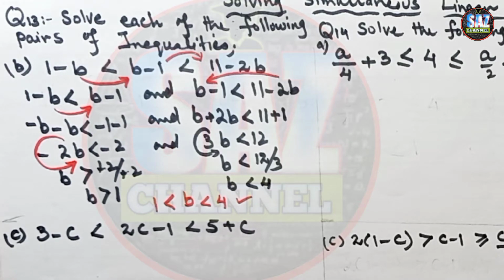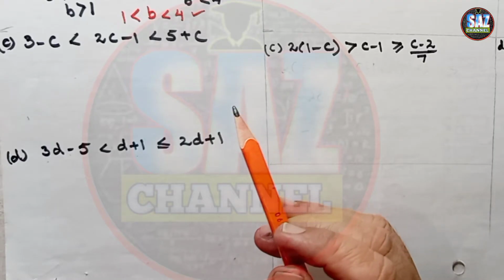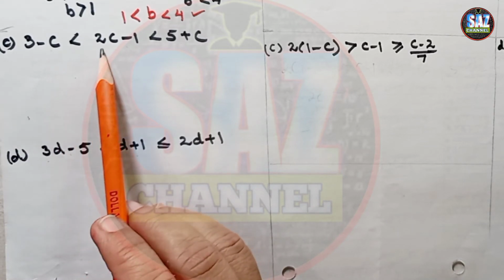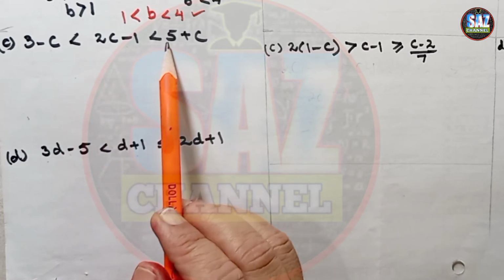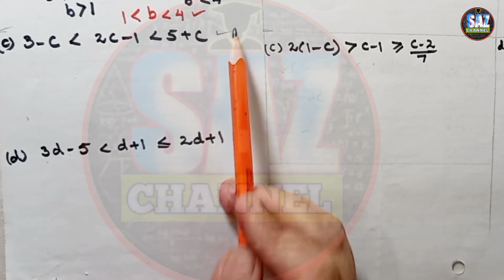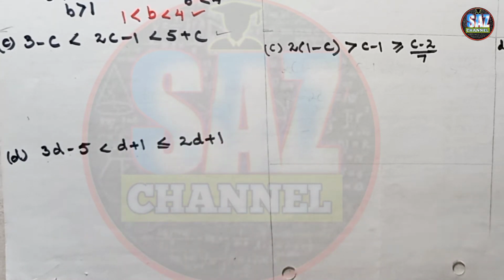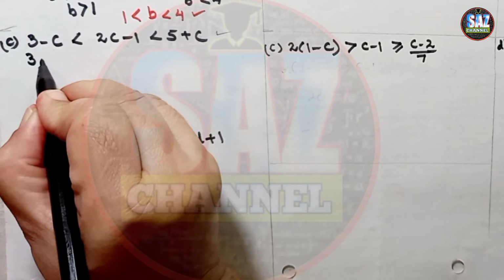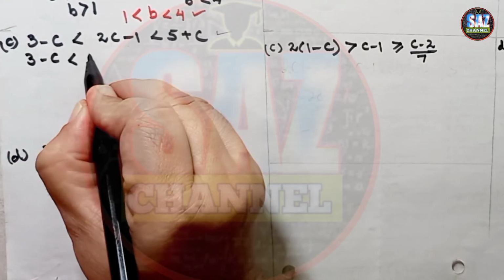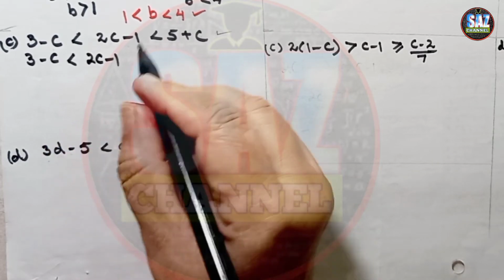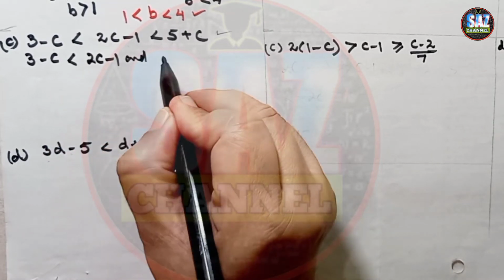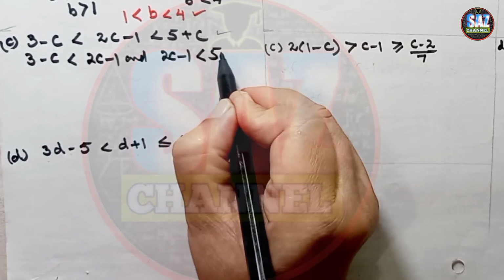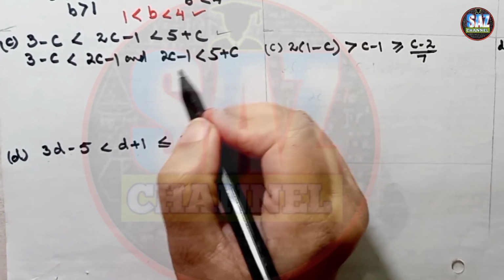Let's move to the next part of the question, which says 3 minus c is less than 2c minus 1 is less than 5 plus c. Again break the inequality into two parts: 3 minus c is less than 2c minus 1, and 2c minus 1 is less than 5 plus c.